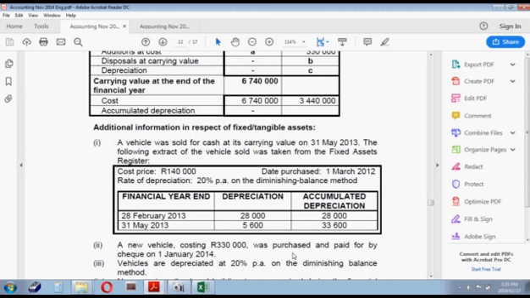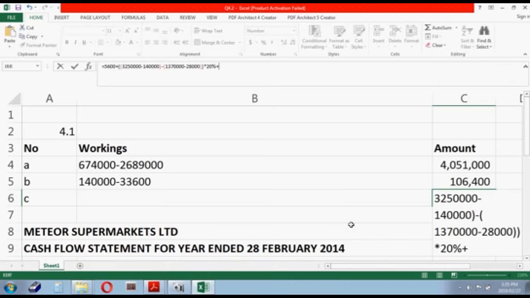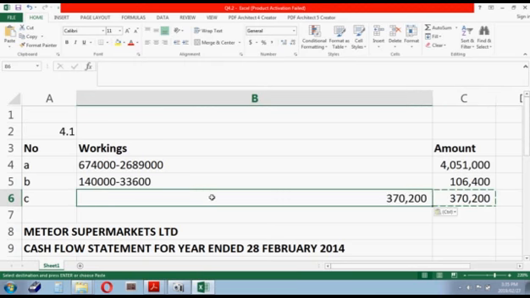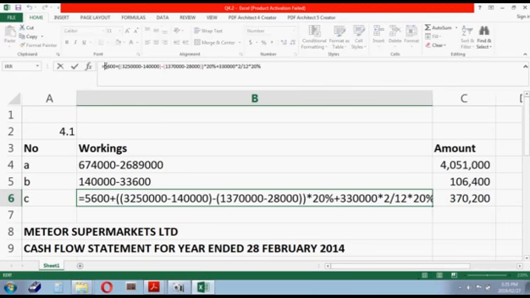So it's 2/12. For the new vehicle, we will have 350,000 at 20% for 2 of the 12 months, so multiply by 2 and divide by 12. And then we get the total depreciation of 370,200 rand. Let's just indicate our calculation in detail.